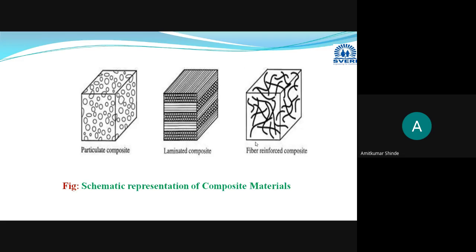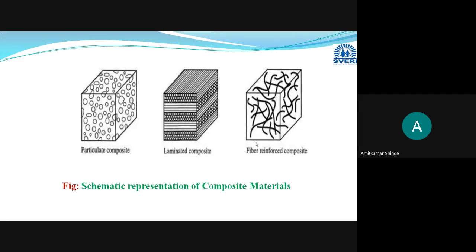In short, different kinds of polymers can be used as matrix materials. So this is related to the composition, meaning the fiber material and the matrix material, which may be metallic or non-metallic in nature. Metallic fiber materials are boron, molybdenum, tungsten, steel, stainless steels, and non-metallic fibers are carbon and glass.